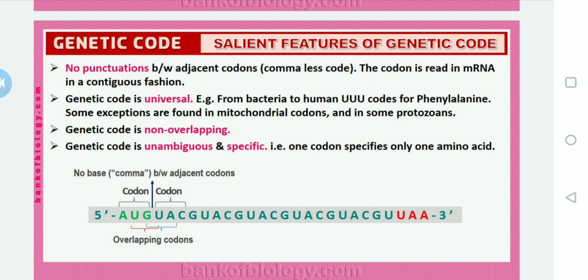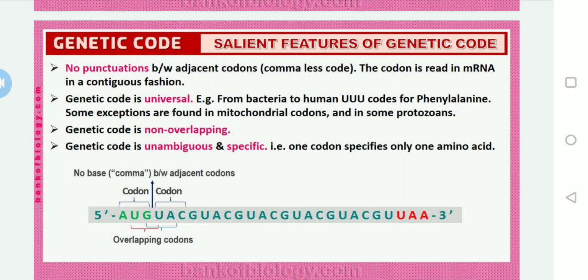Then the next salient feature of the genetic code: the genetic code is unambiguous and specific. It can also be called sensible. A specific codon codes for only a specific type of amino acid during protein synthesis.